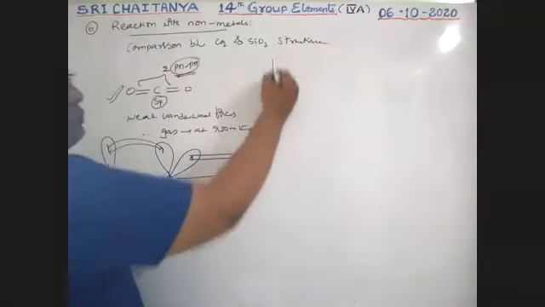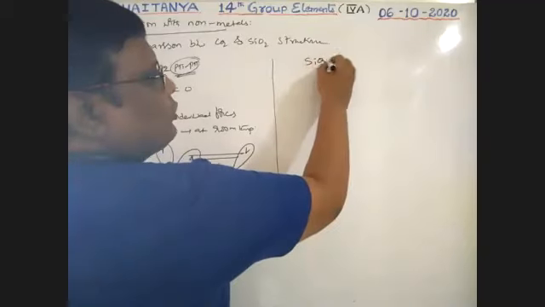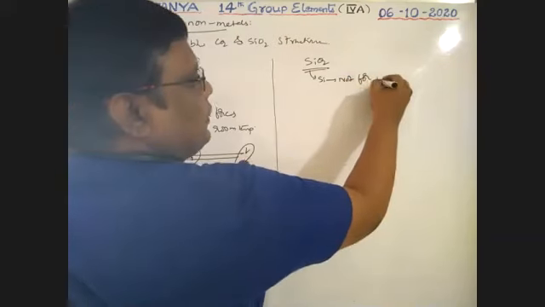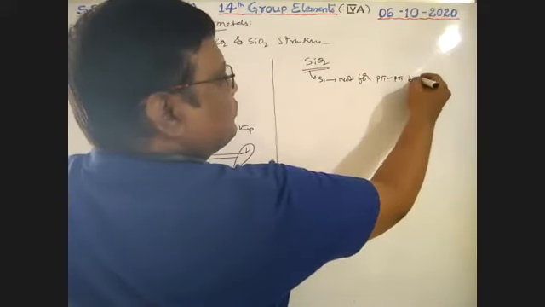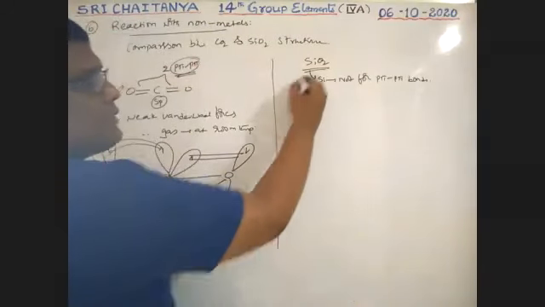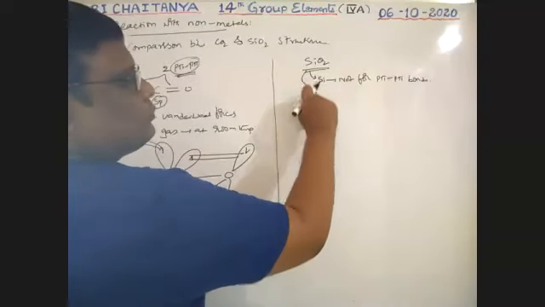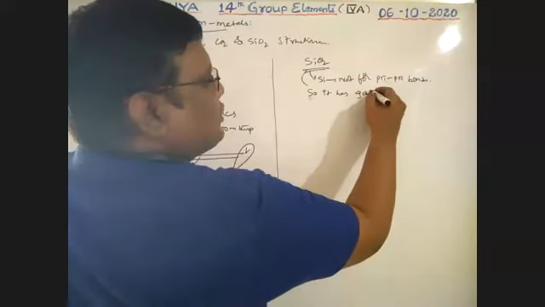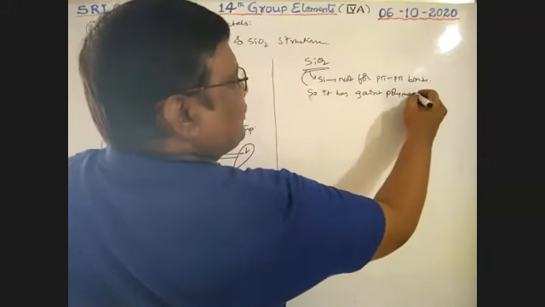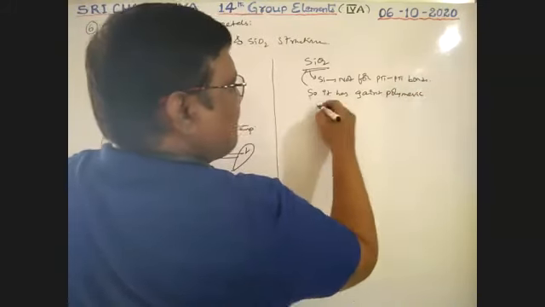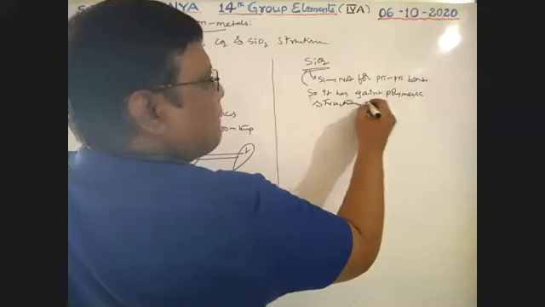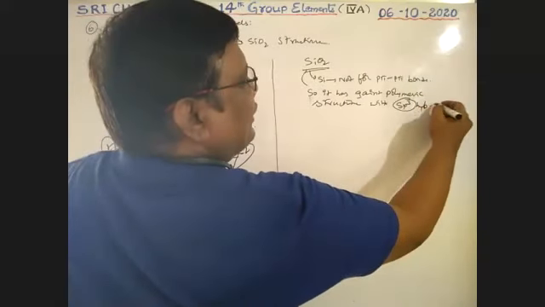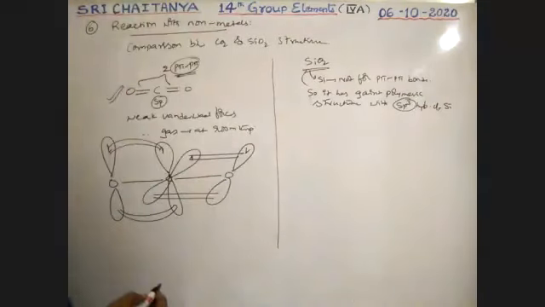But in SiO2, silicon does not form p pi bonds. So it has a giant polymeric structure with sp3 hybridization of silicon.